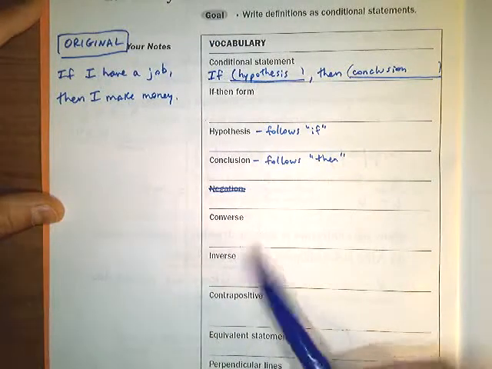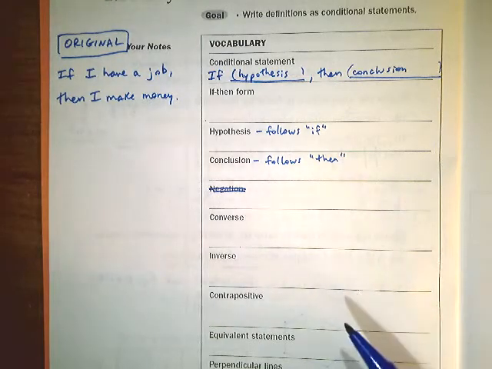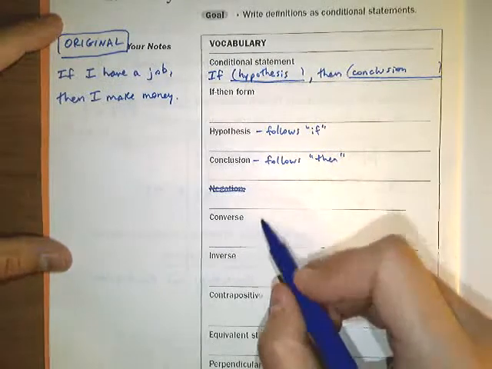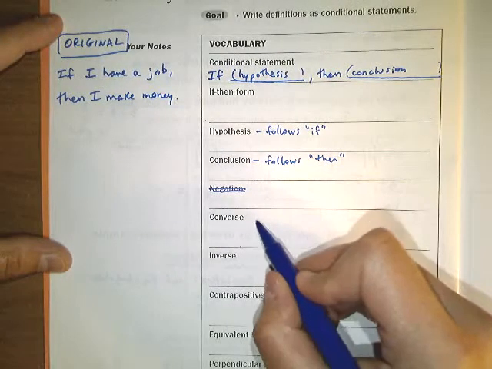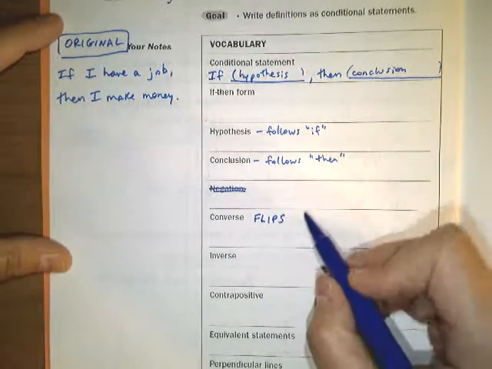Now, sometimes we mess around with these statements and flip them around and look at what they would look like in another way. One of these is the converse. The converse flips the conclusion and the hypothesis.